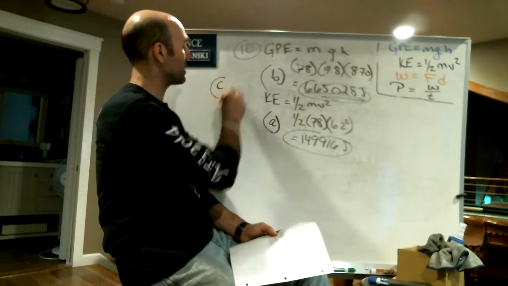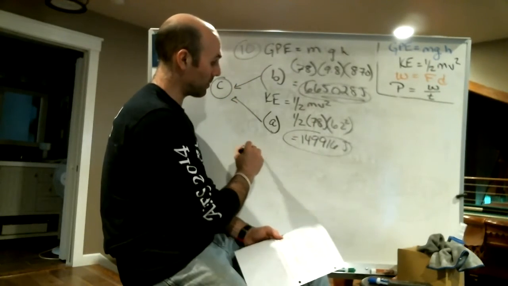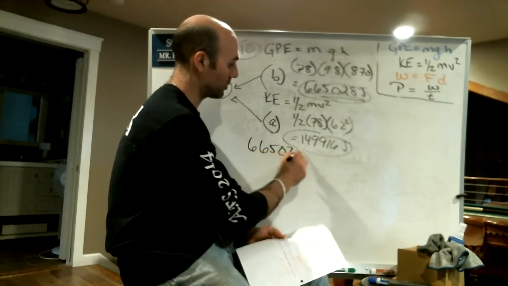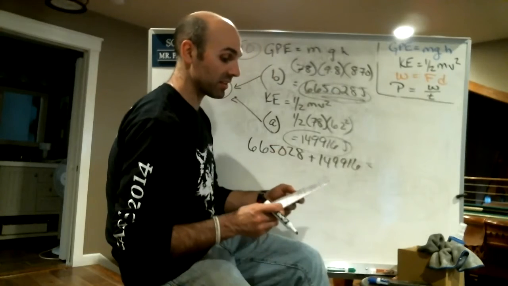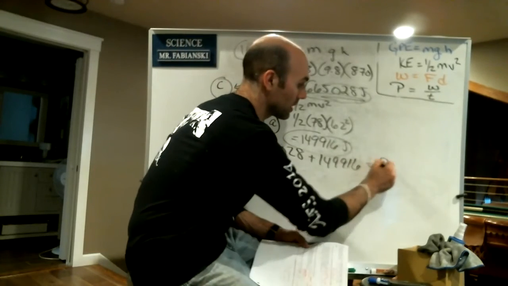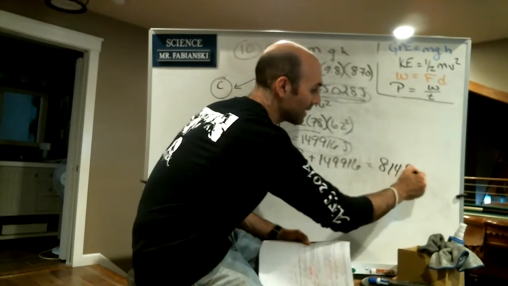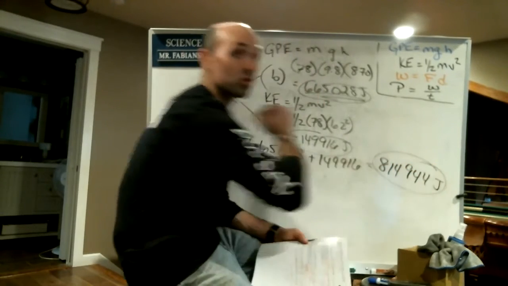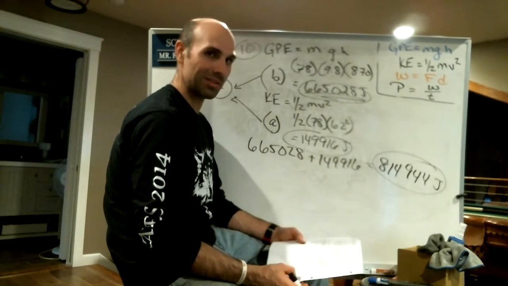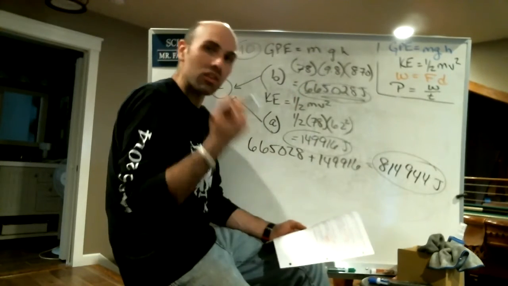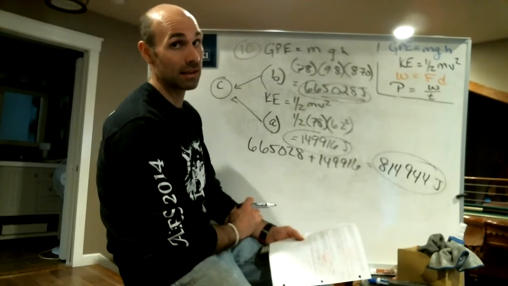So for part C, what we're going to do is combine A and B. When we add these two up, 665,028 plus 149,916, we get the answer to C as being 814,944 joules. Easier than we thought. Yeah, sweet. All right, remember, mechanical energy is a combination of both potential and kinetic.